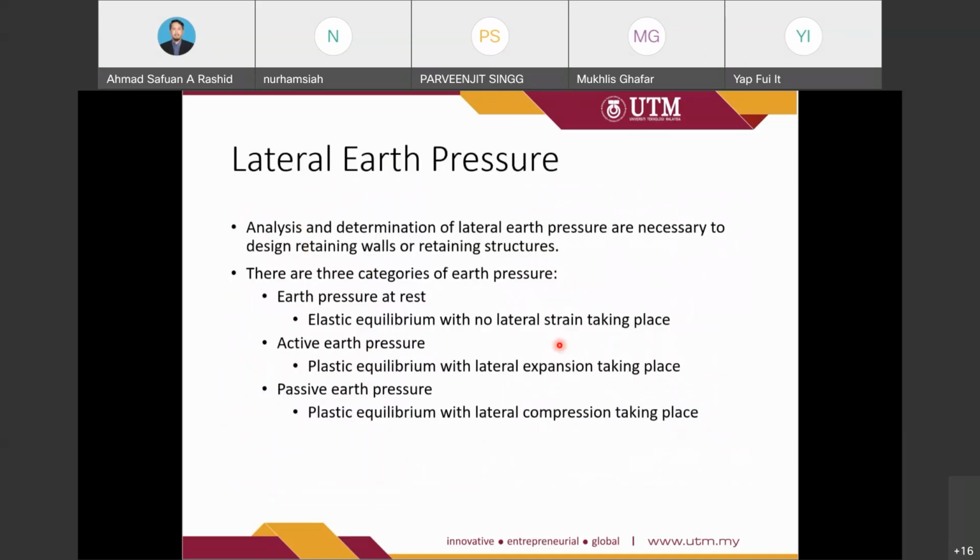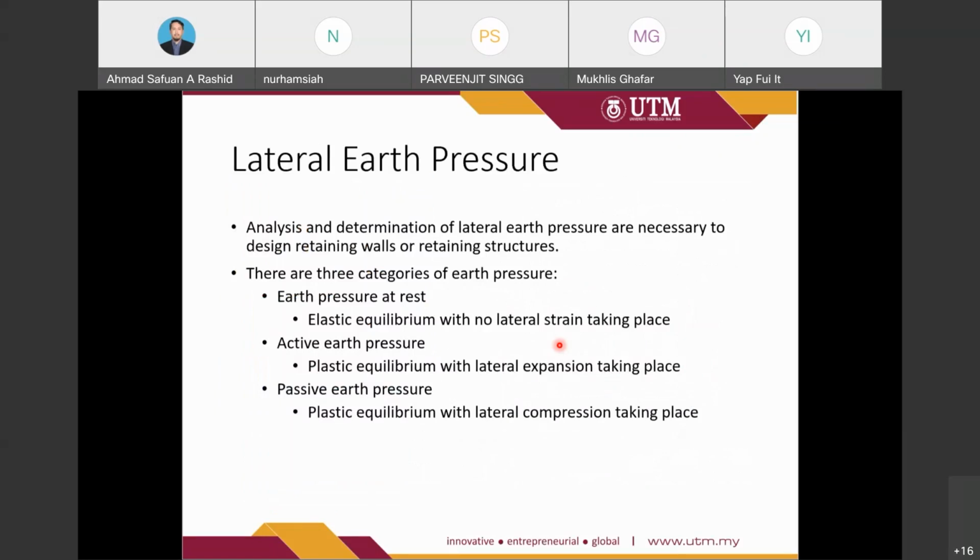Before we discuss the lateral earth pressure due to dynamic loading, we should revise and look again at the static loading. Analysis and determination of lateral earth pressure are necessary to design a retaining wall or retaining structure.